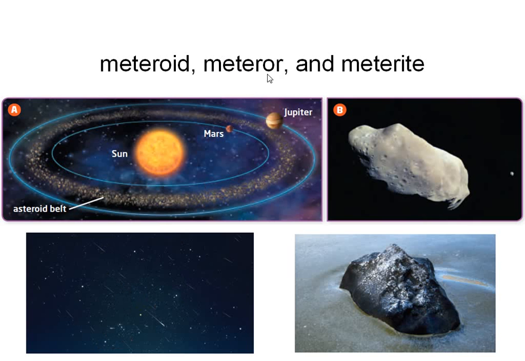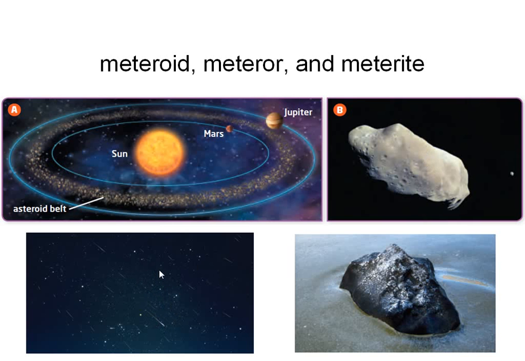So what is a meteor? A meteor is a shooting star, and if you are asked to explain what a shooting star is: it is when a rock comes into the atmosphere of our Earth and scratches the atmosphere.